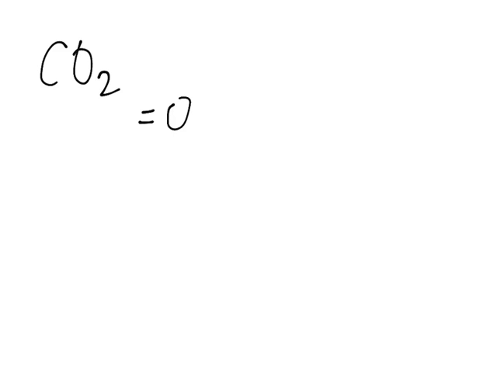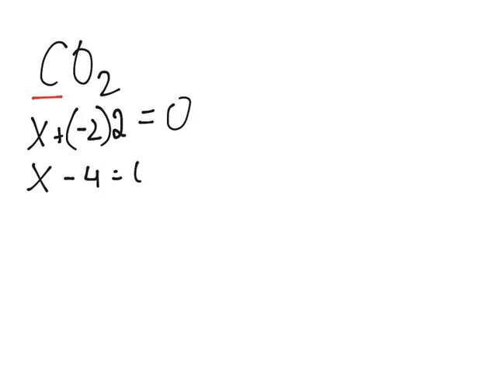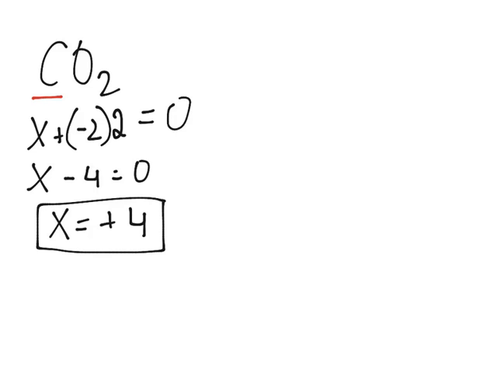So the carbon, we don't know the oxidation number, so we'll say it's x, plus we know that the oxidation number of oxygen is -2, and we have 2 atoms of oxygen, so you multiply that by 2. So x minus 4 is equal to 0, so x is equal to +4. Now we know that the oxidation number for carbon is +4.